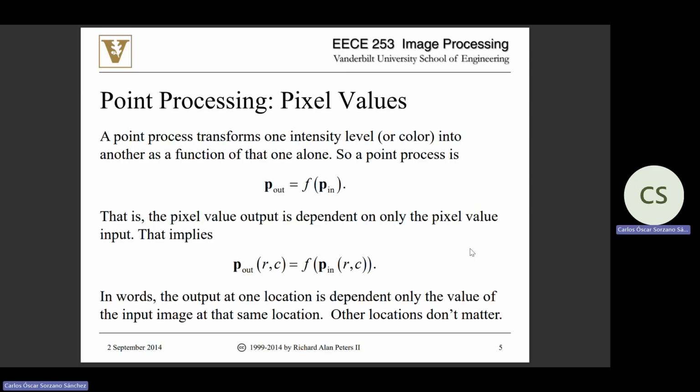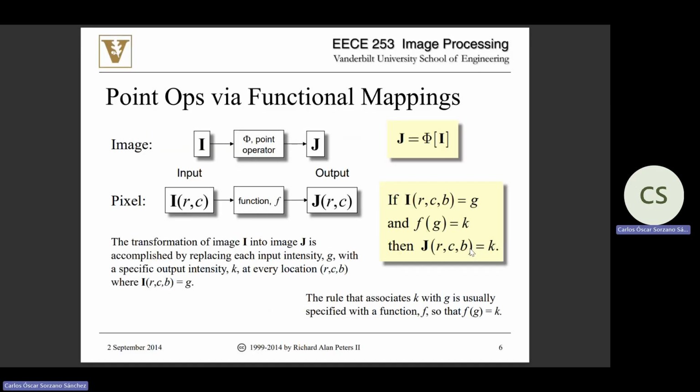Okay, so in general, you have an input image. For every pixel in that input image, you go through a function, and then you have an output pixel. In general, you have an input image, you go through a system that will transform your image, and then you have an output.